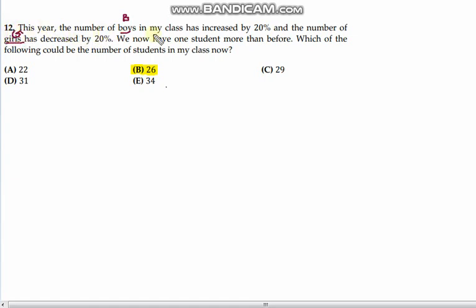Now, the question says that the number of boys has increased by 20%, right? So, let's say that the original number of boys is 100%, because the original is always 100%. The new number of boys, let's take that as Bn, has increased by 20%. So that's 100% plus 20%, which is 120%.